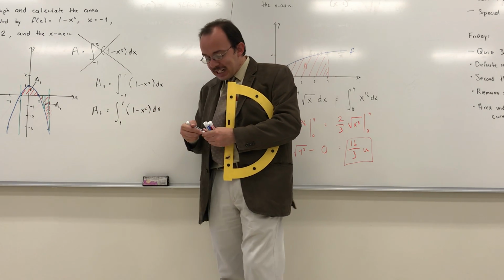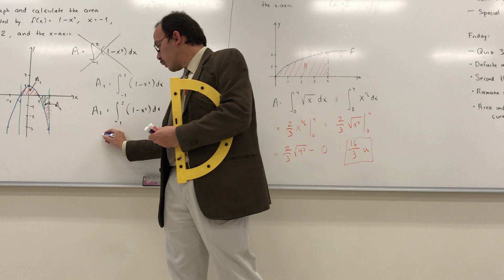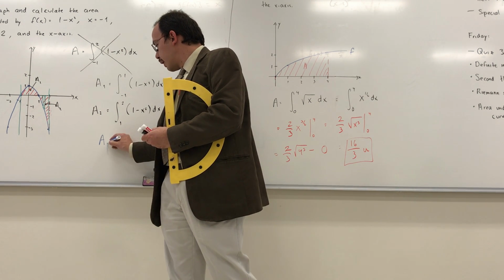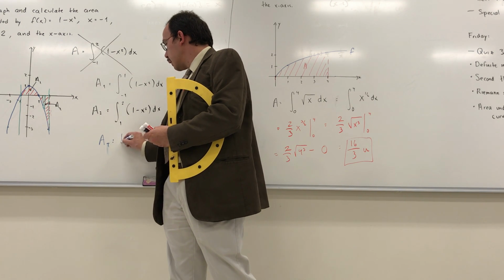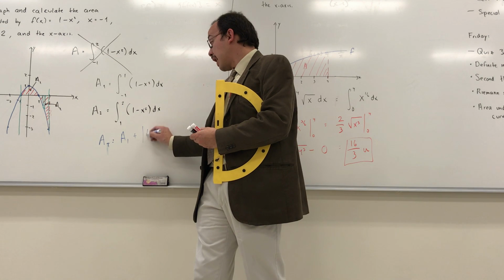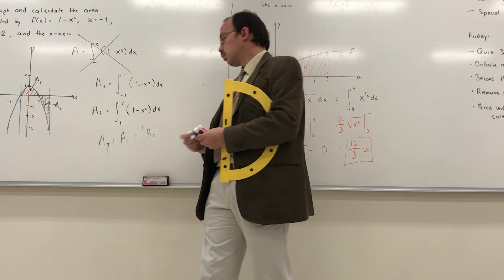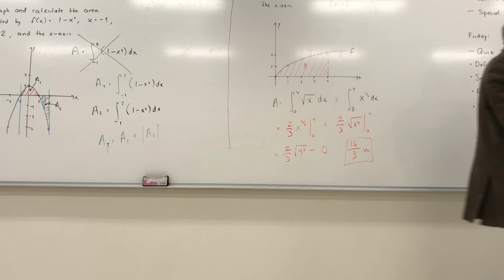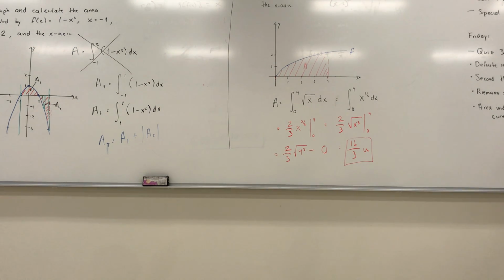But when I get the final area, I need to subtract. The total area would be area 1 plus, you could say, the absolute value of area 2. So we get rid of the minus sign. Or just change the sign if you want, basically.